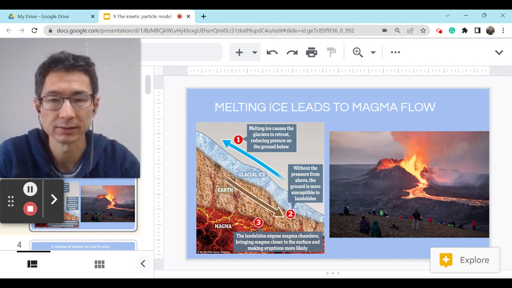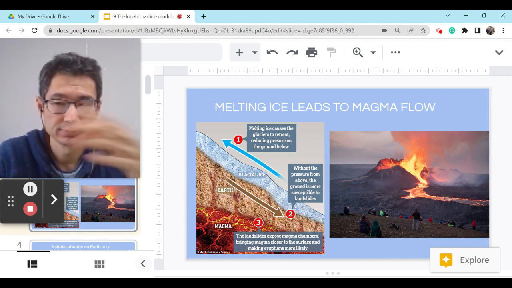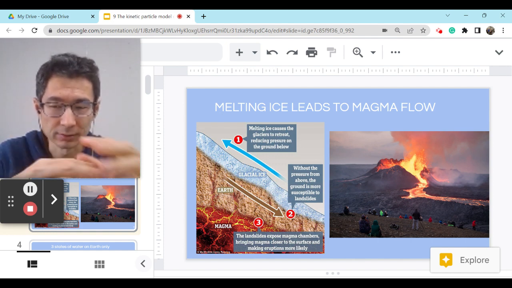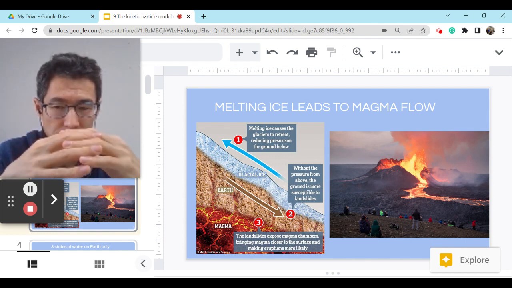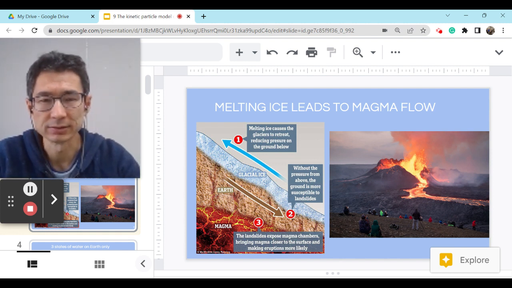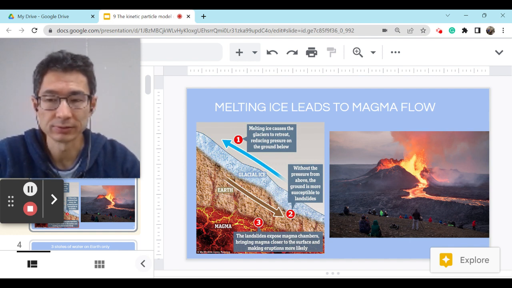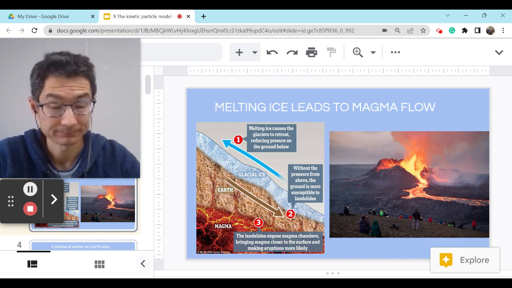It's happening in Iceland, so it's interesting. Again, glacier melting is related to global warming, isn't it? When we emit greenhouse gases, they warm Earth's atmosphere and melt the glaciers, and then again melting glaciers lead to volcano eruptions. Yes, it's an interesting correlation. You can read about it.